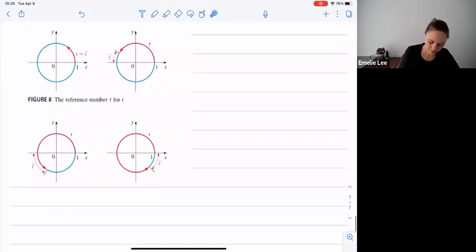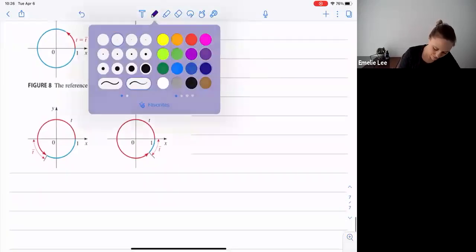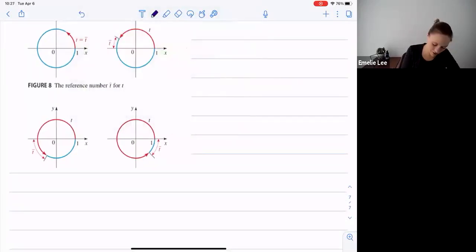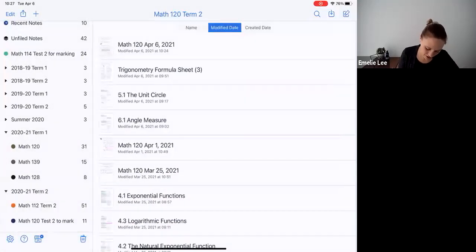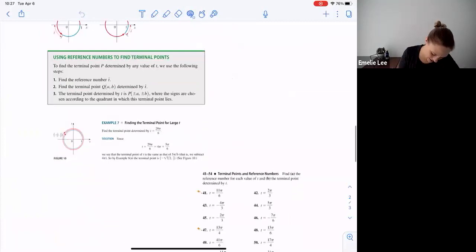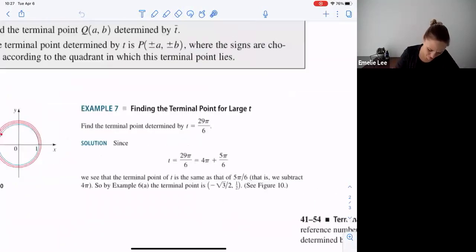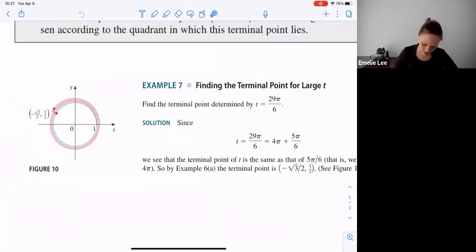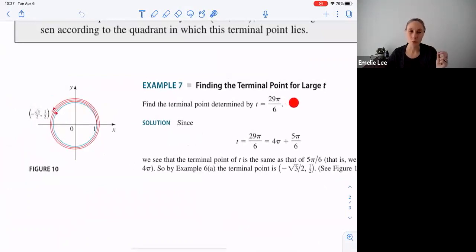So how do we find the terminal points for large values of t? For large distances, we're basically going to do the exact same thing that we were doing earlier. If we want to find the terminal point for 29 pi over 6, we need to tease out full rotations of 2 pi.